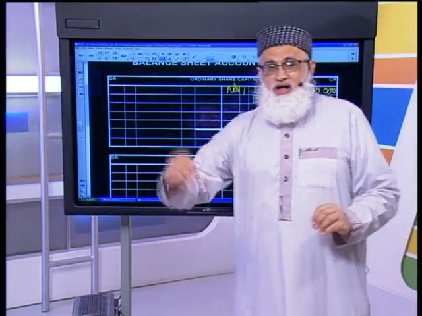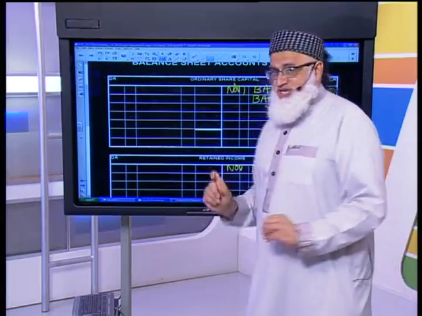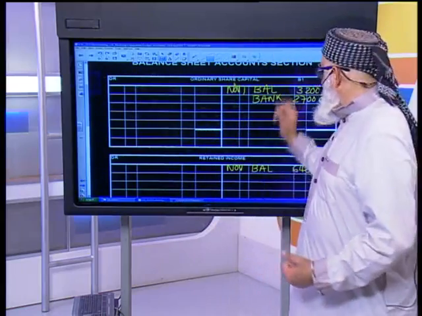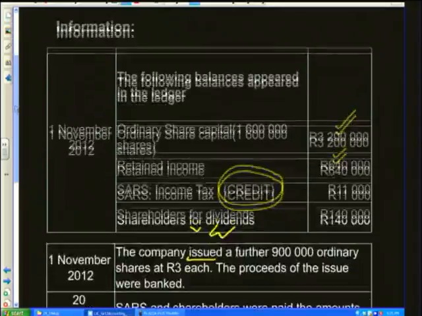Once again, let's look at the two accounts involved. A debit to bank, we're receiving money, asset increasing in value, therefore debited, and a credit to my ordinary share capital, equity account increasing in value, therefore credited. Right, done and dusted. Next transaction.